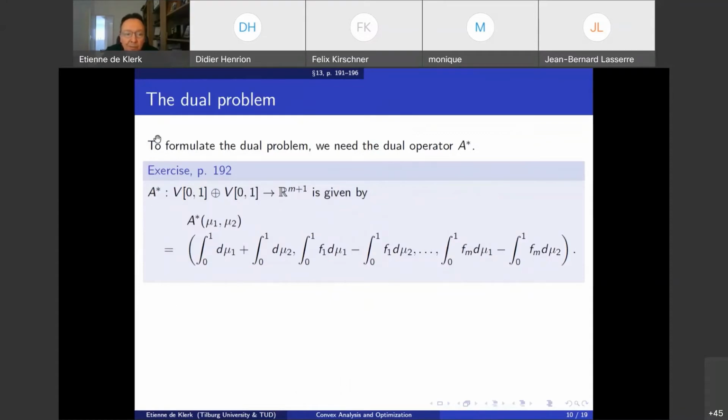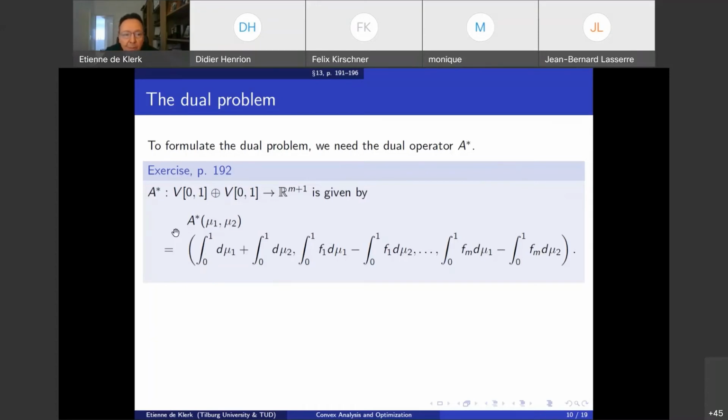One just has to verify as an exercise that this adjoint operator maps given measures mu1 and mu2 to this vector of length m+1. We integrate here the function 1 with respect to the measures mu1 and mu2, and then f1 up to fm, and here we take the difference, and here we take the sum. So this is a little exercise, but again, it's not difficult.